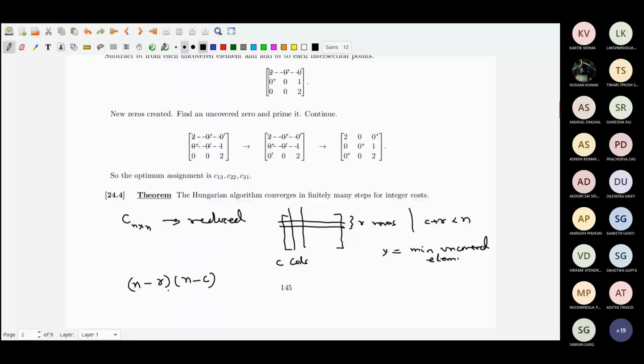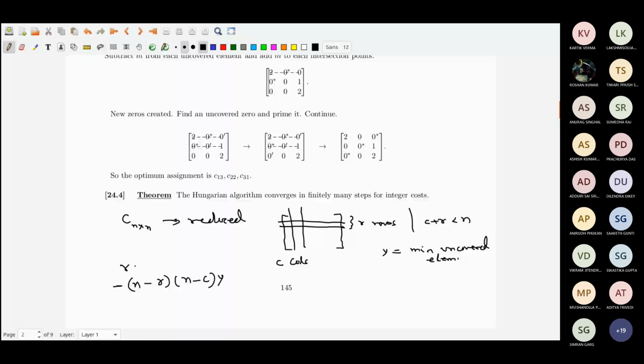What I have added, I have added at the place of intersection. There are r rows and c columns, so I have added y, rc into y. This much I have done.